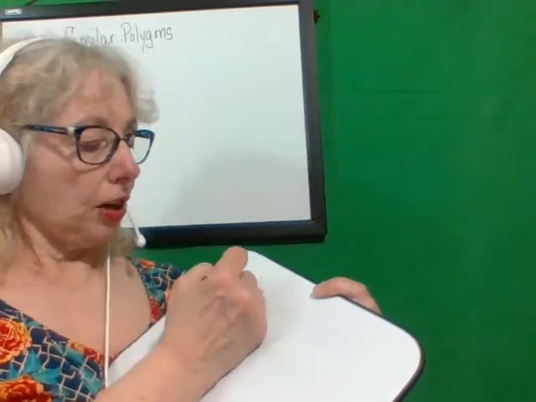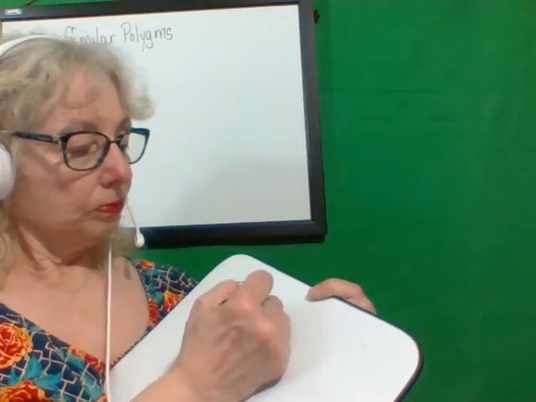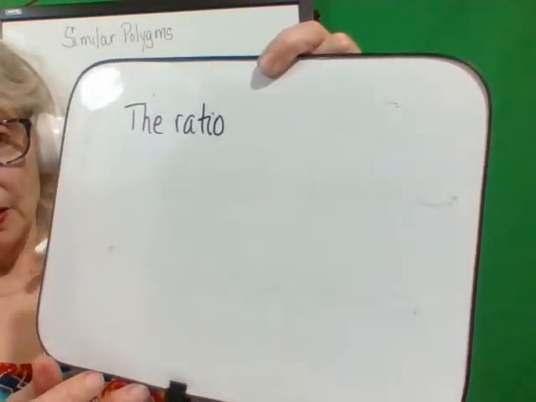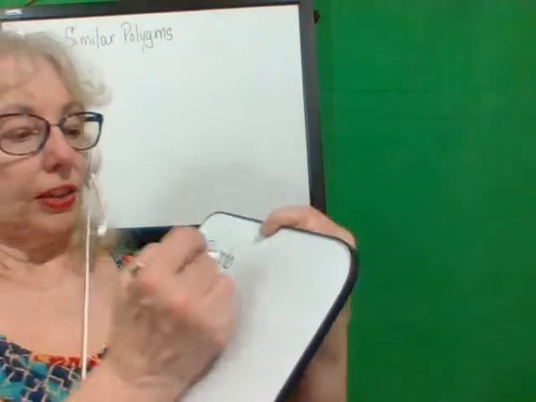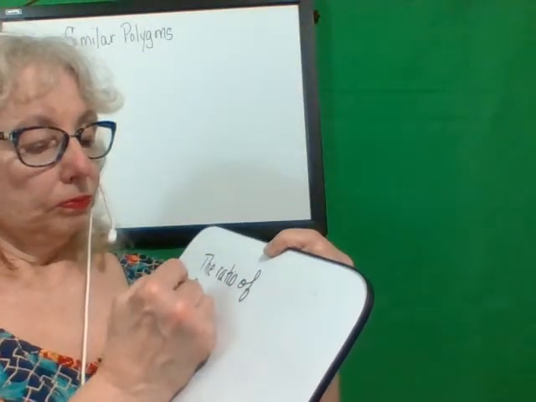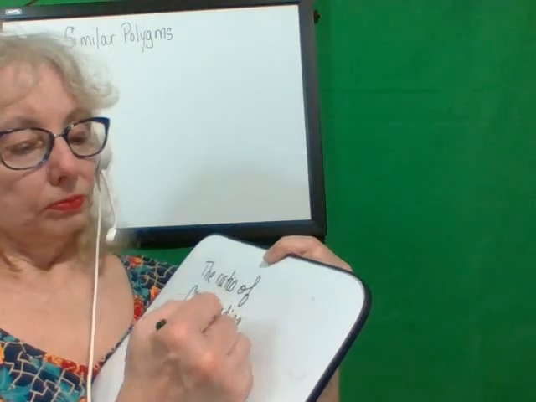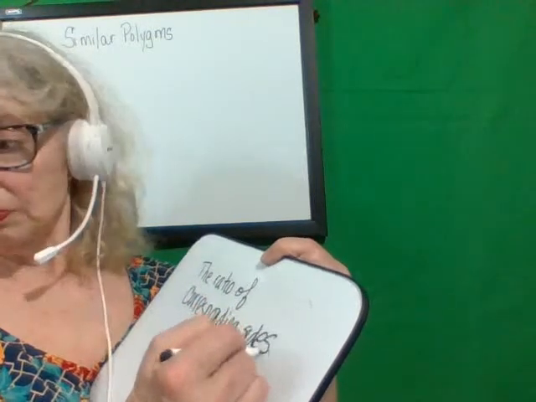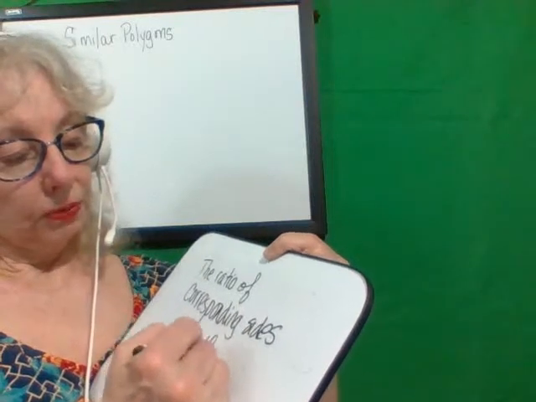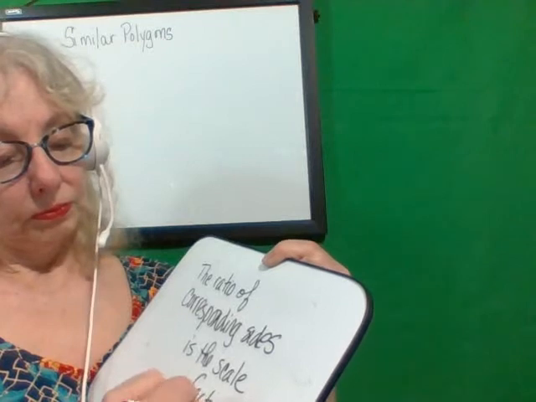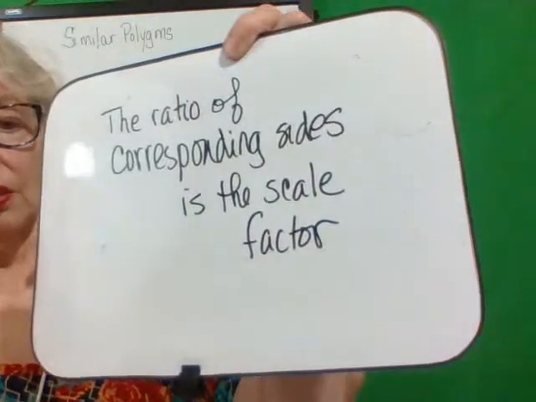The ratio of the corresponding sides, which we talked about yesterday, is the scale factor. That's called the scale factor.